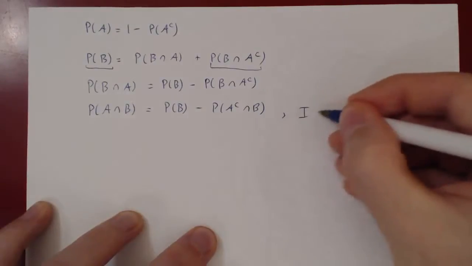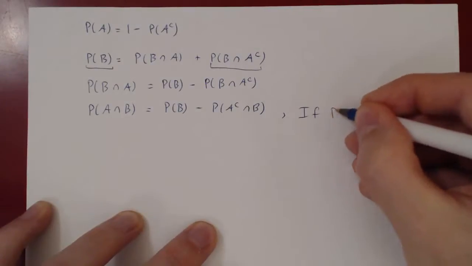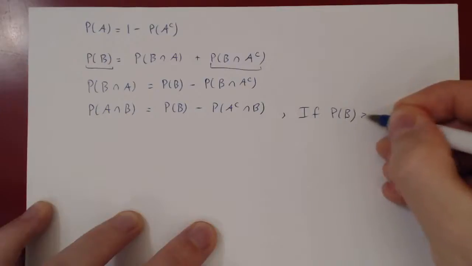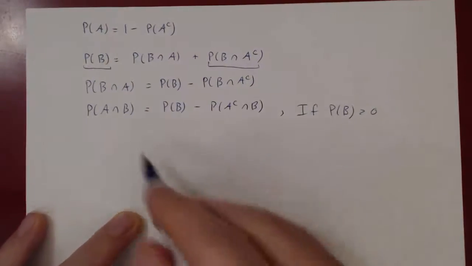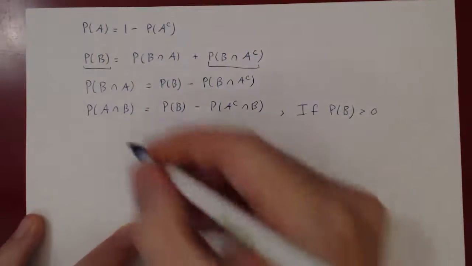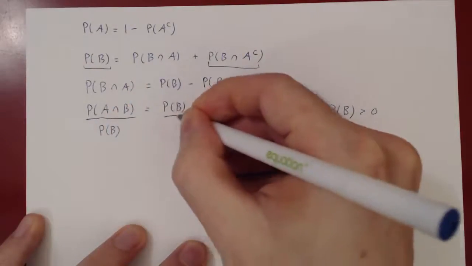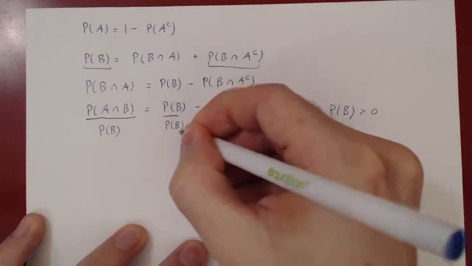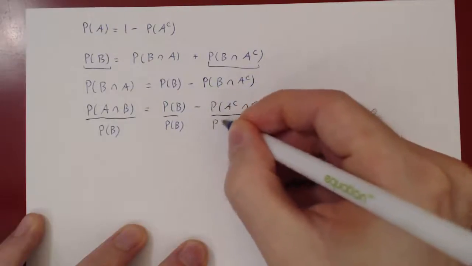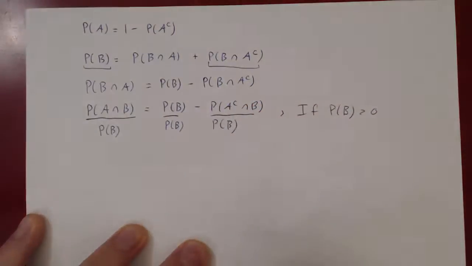And now let's assume that the probability of B is positive. Then we can divide across by P of B. So let's do so. So over P of B, over P of B, over P of B. And now think of it.